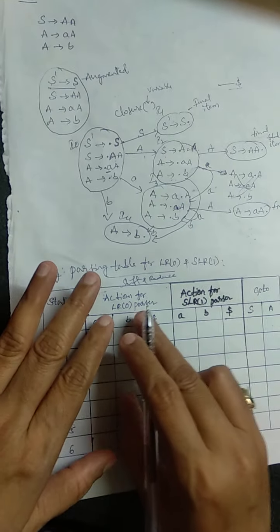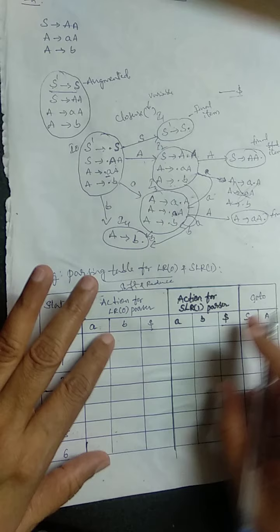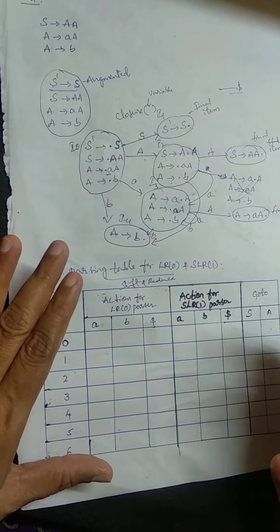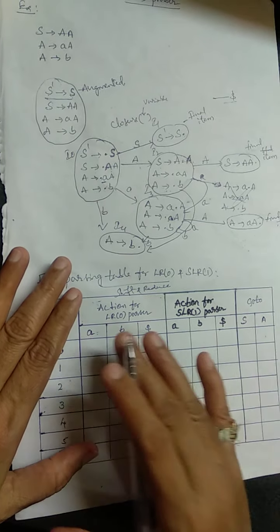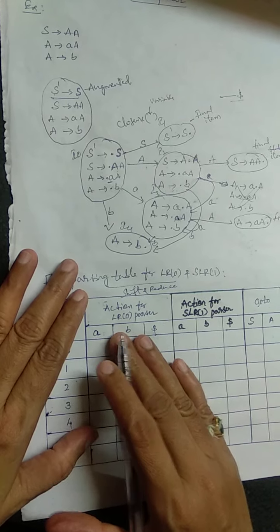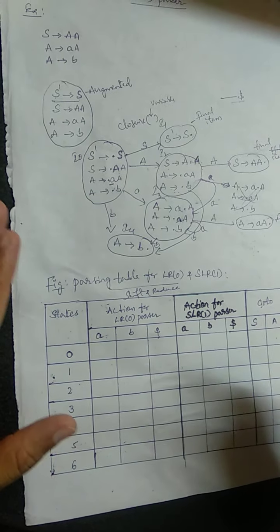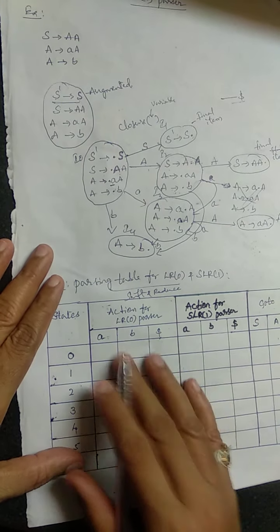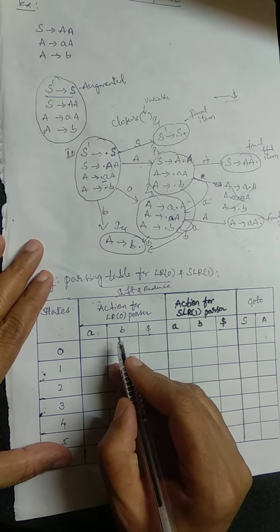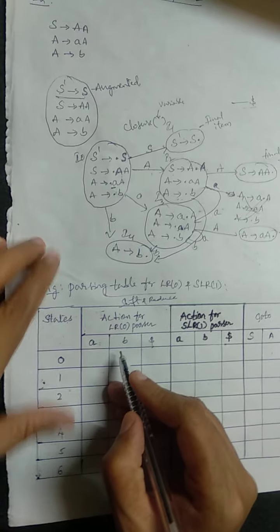Here I have taken action 2 times and goto only 1 time. Why? Because for the LR0 parsing table and the SLR1 parsing table, the goto is common.